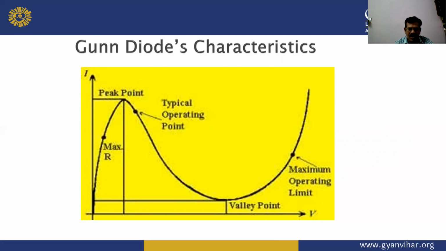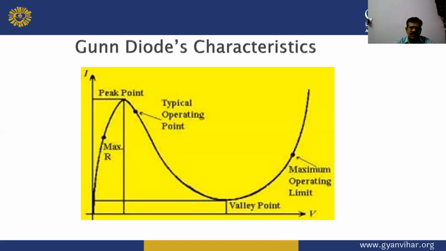At the valley point, after this point, as the voltage increases, the current also increases with the voltage, up to the maximum operating limit.